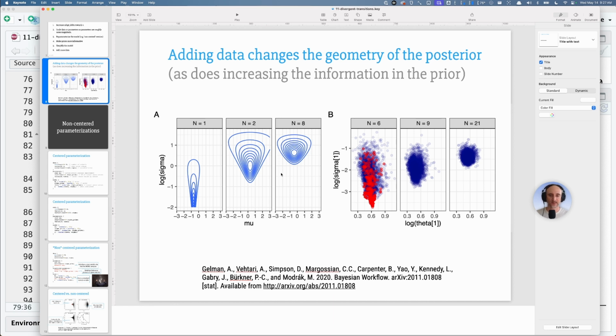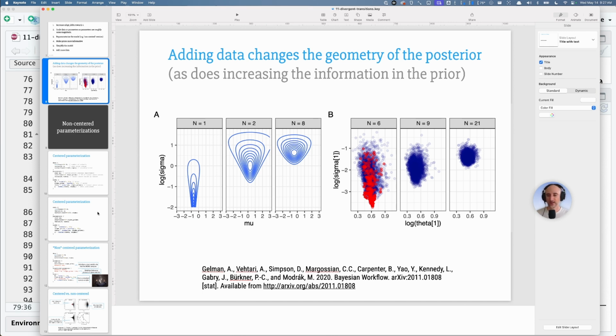Over here on the left, this is a density representation of that joint posterior shape. You can see how it goes from being very funnel-shaped, here being cut off because of all the divergent transitions, it wasn't actually going down in there. And then it starts to become more and more symmetrical and less funnel-shaped. Similarly, if you had put stronger priors, say on log sigma, or maybe elsewhere in the model, if there's more information in the priors, you can also change the shape of the posterior and make it less funnel-shaped.